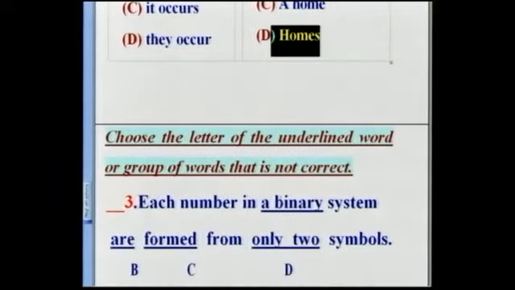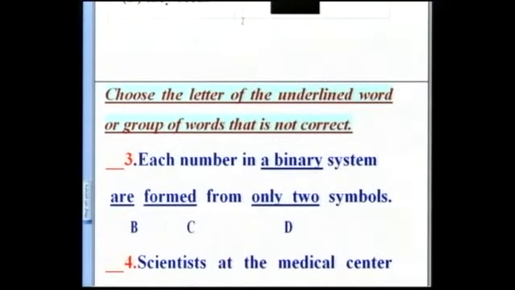Choose the letter of the underlined word or group of words that is not correct. في الشكل الأولاني احنا بنختار الجزء اللي يكمل الجملة صح، لكن في النوع ده من الأسئلة احنا بنعمل حاجة تانية، احنا بنختار الحرف بتاع الجزء اللي غلط في الجملة وهو ده اللي أكتبه. بيبقى كل جزء تحته خط تحته حرف A B C or D.